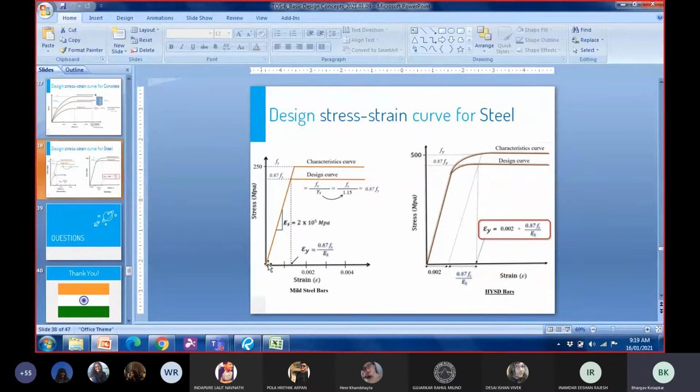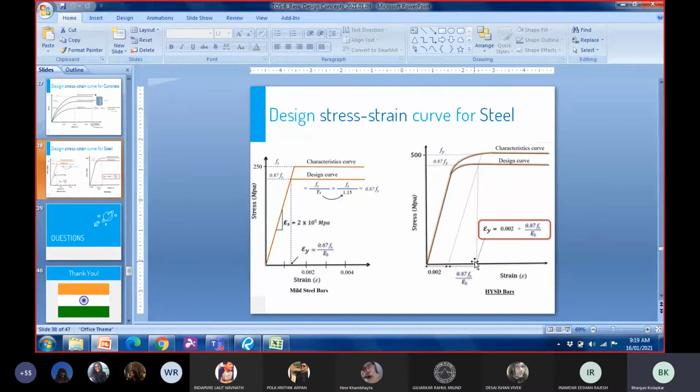Okay. Now here we did not offset anything and draw a parallel line. We already knew what the point was. The yield strain here is 0.87 Fy upon Es, which is the Young's modulus of elasticity for steel. Here we'll have an additional component of 0.002.